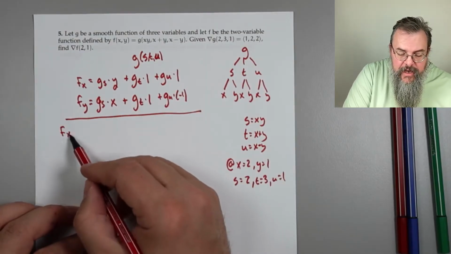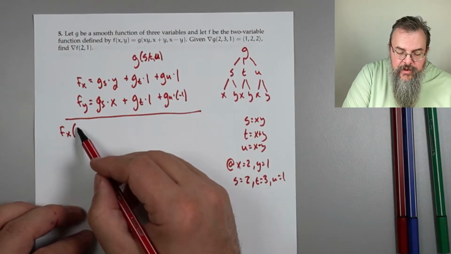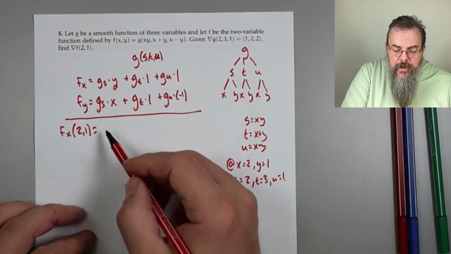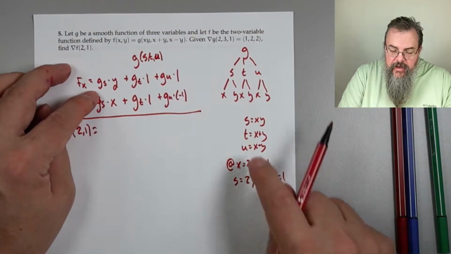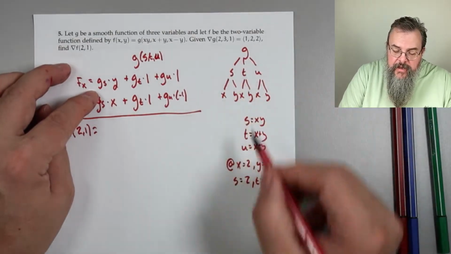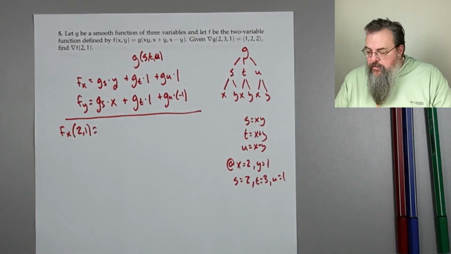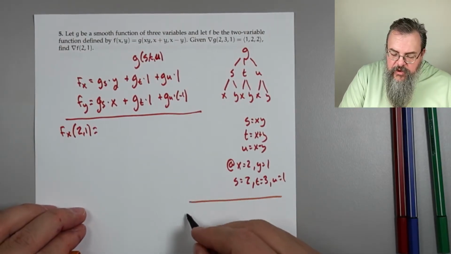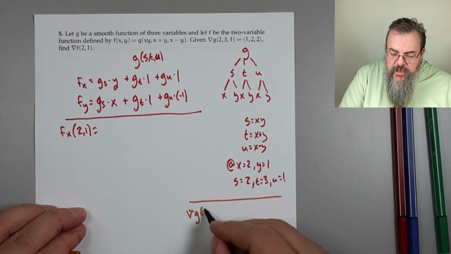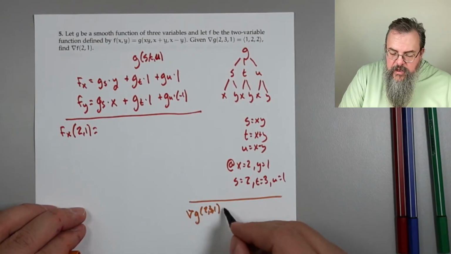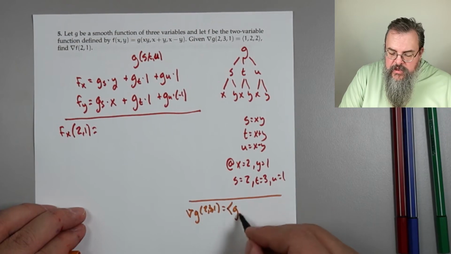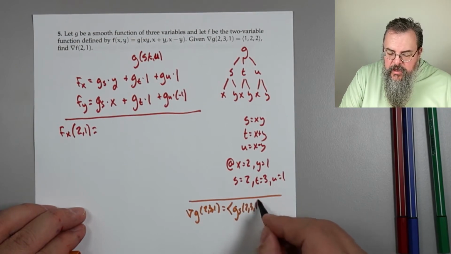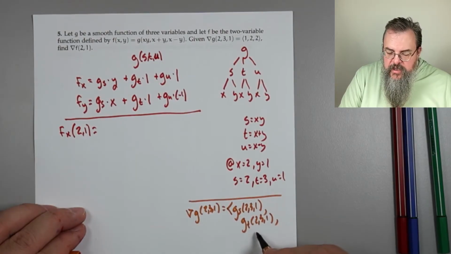So here's what we have. f sub x at the point 2, 1 is going to be g sub s at the point 2, 3, 1. And in case we need it, let's be extra cautious here. The gradient of g at 2, 3, 1 is g sub s at 2, 3, 1, comma, g sub t at 2, 3, 1, comma, g sub u at 2, 3, 1.